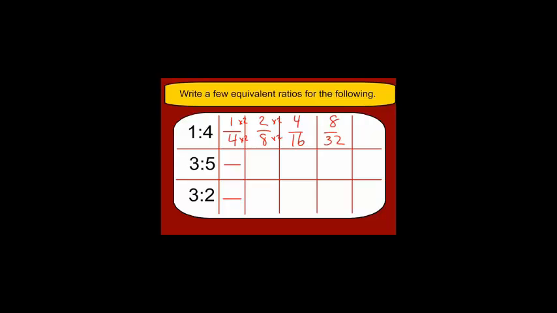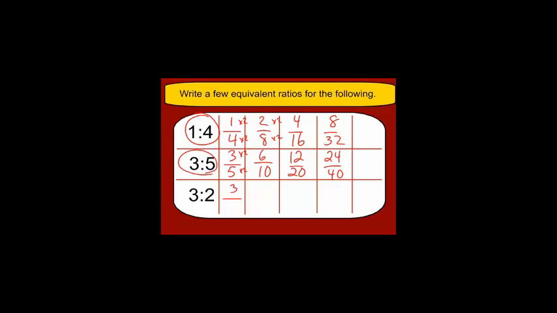All of these ratios, if you simplified them, they all would equal 1 to 4. We could use that same technique if you were asked to write equivalent ratios for 3 to 5. I could double each one of these, and I would end up with 6 over 10. I could double it again. All of those ratios are equivalent. They would all simplify to 3 to 5.